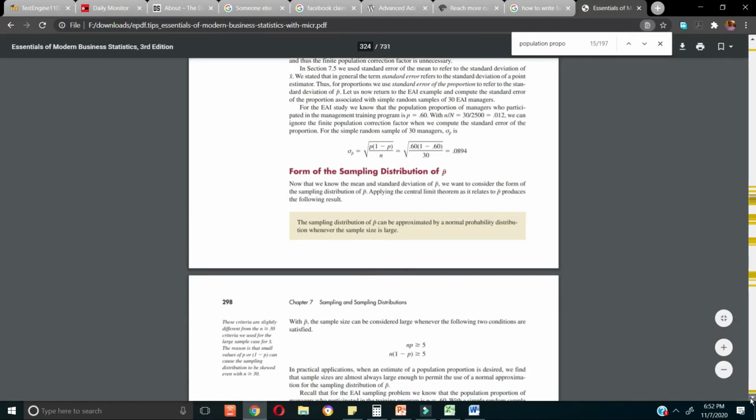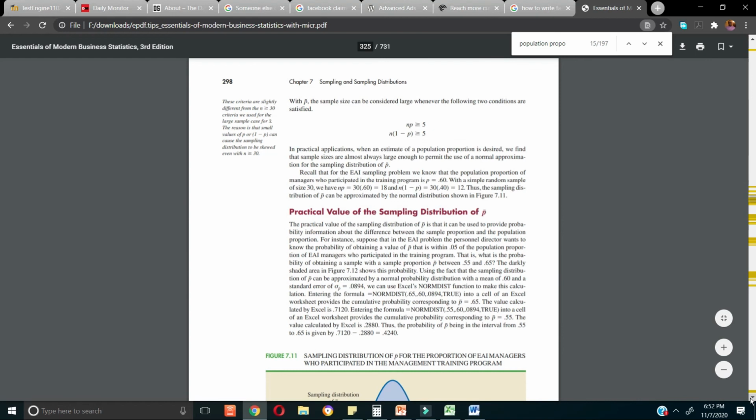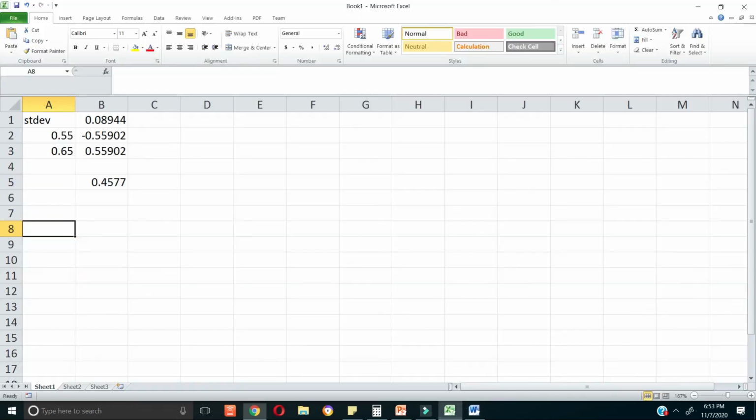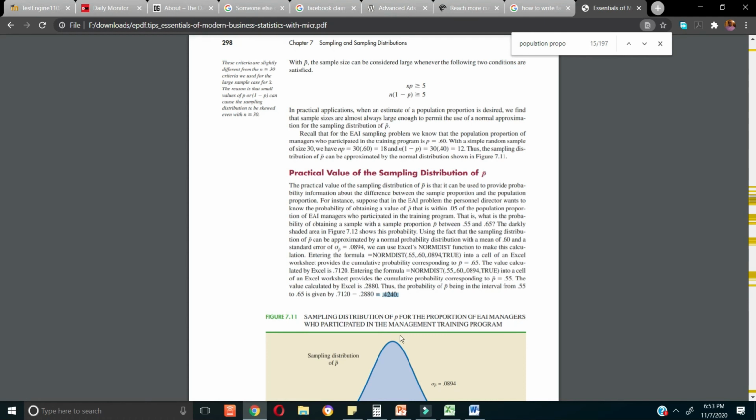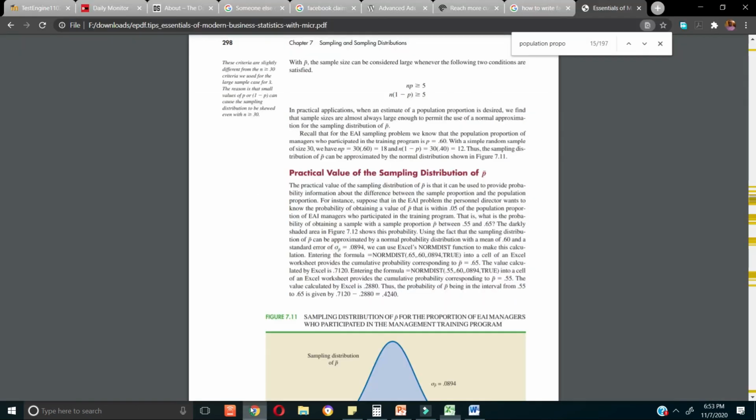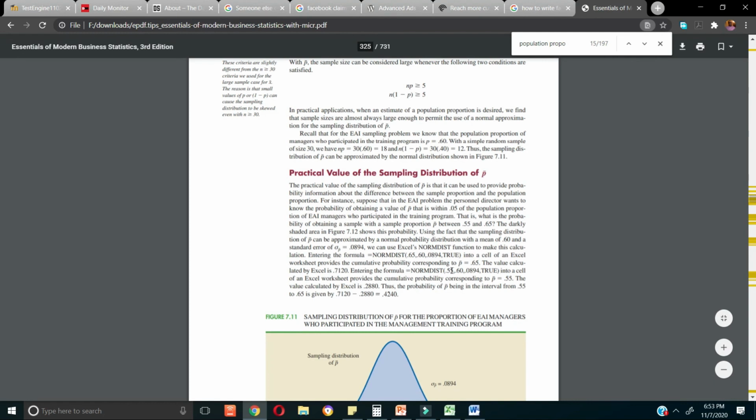So anyway, the computation that we were doing before, here they're giving us 0.42. What did we get? We got 0.4577, so that's a bit off. Let me just be sure. It's the rounding off, because they only do 0.55.